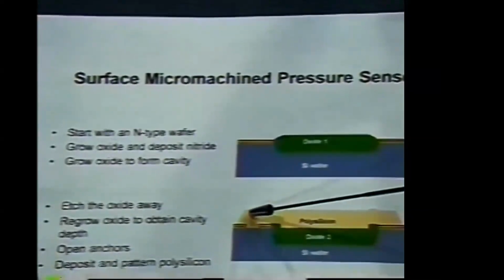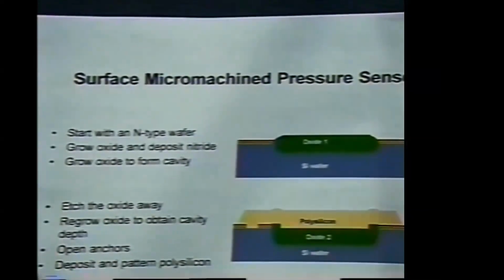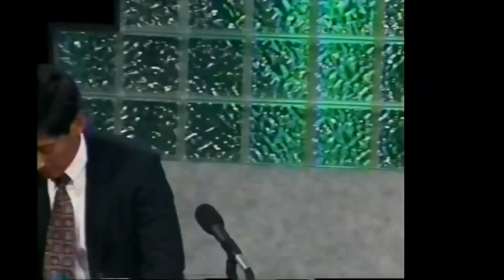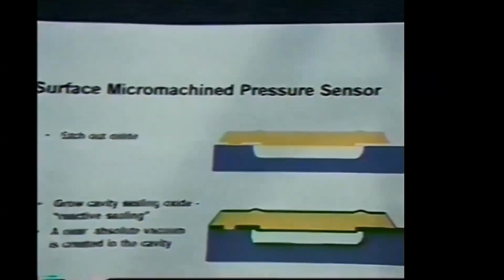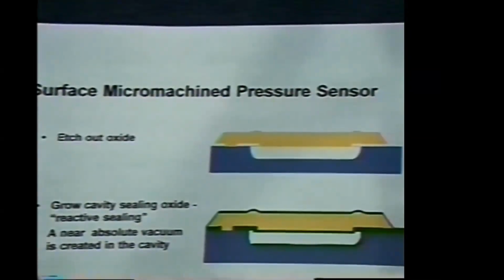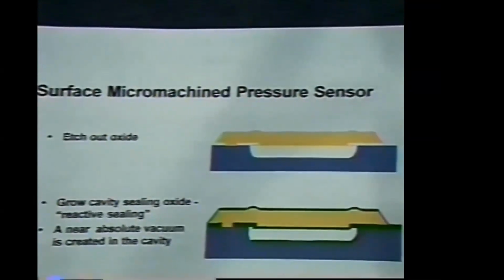So we proceed by depositing the polysilicon and patterning the polysilicon. Once the polysilicon has been deposited, we can come back and etch out the oxide that is between the poly and the substrate.